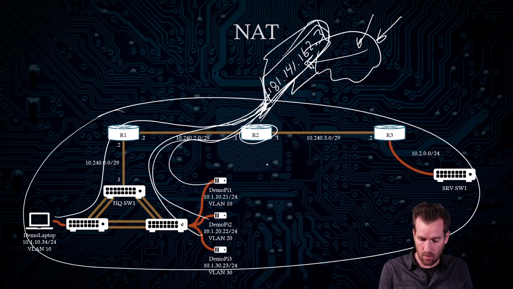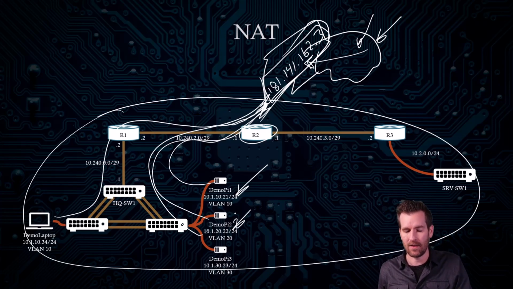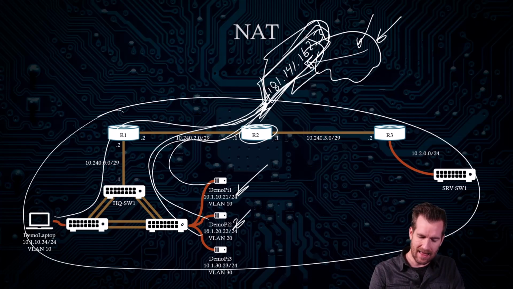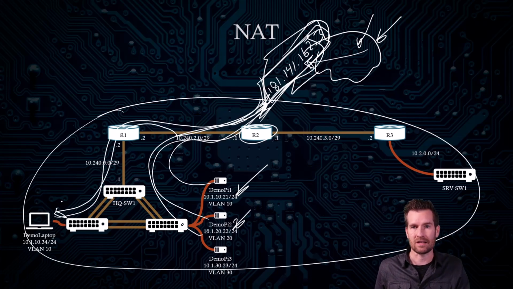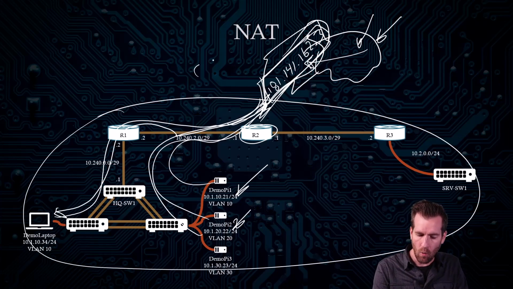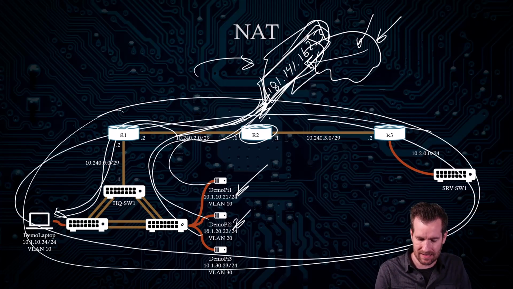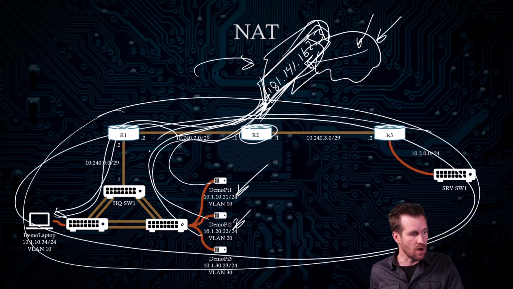They wouldn't know how to get back to these private addresses, because those are unroutable on the public network. So it comes back to this address, and then gets translated back and sent to the proper machine. So that's network address translation. We're able to have one IP address represent many different IP addresses on the back end. So that would be NAT.